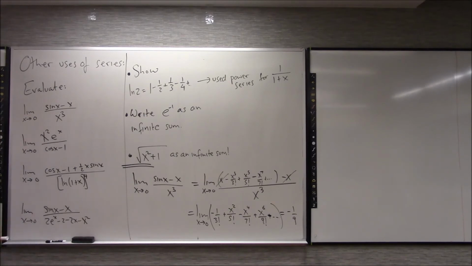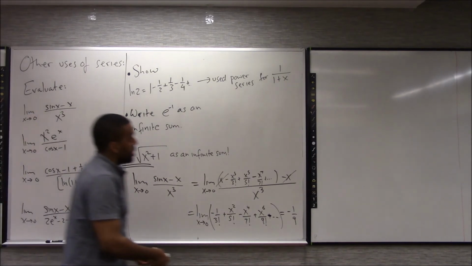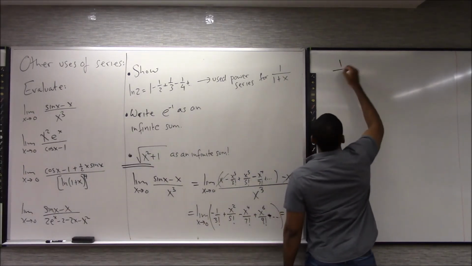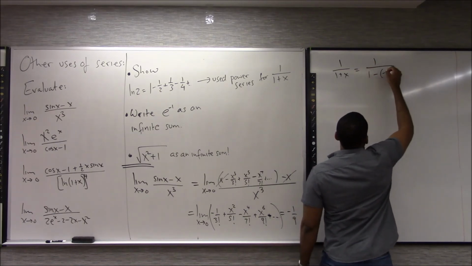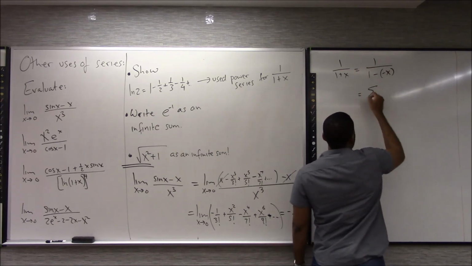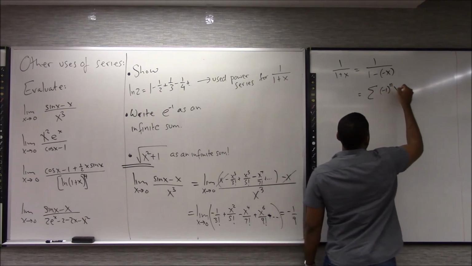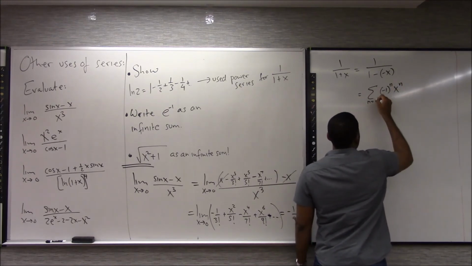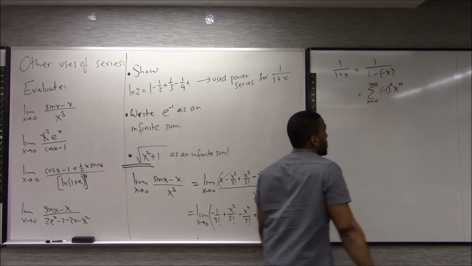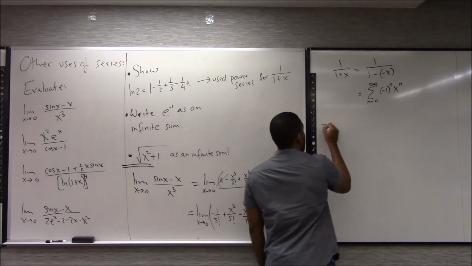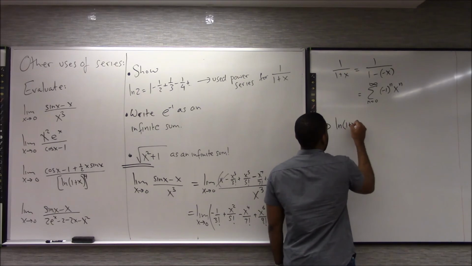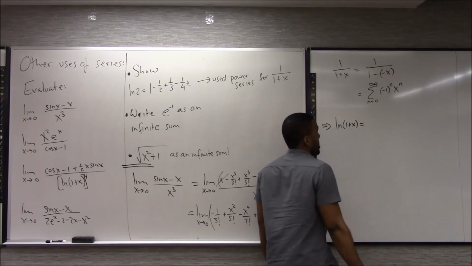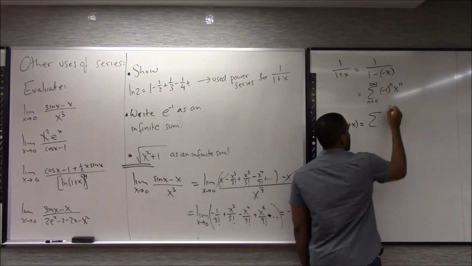You'll get an alternating series, and because you think of this as the sum of minus 1 to the n, x to the n, that means you can find the ln of 1 plus x by just integrating this guy.